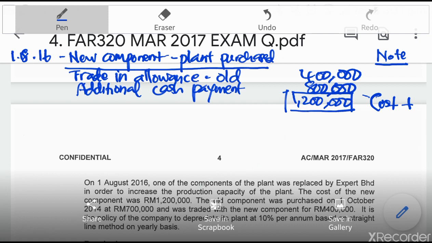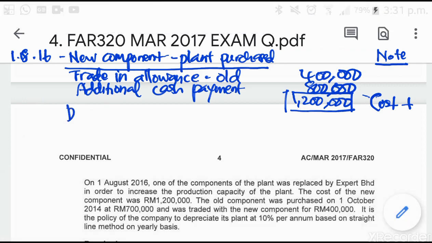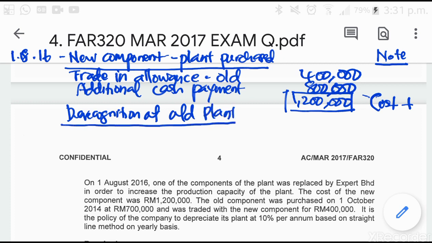Remember our target is to prepare the schedule. So the second part is on derecognition of old plant component.